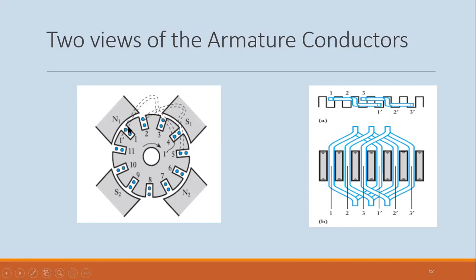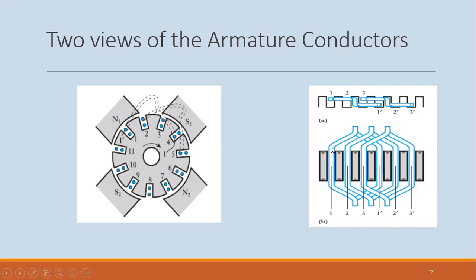It's the outer conductor in slot number 1. And you can see the dotted line that the conductor is tracing, and it completes its journey in slot number 4, but it's the inner conductor in slot number 4, and then it will be joined back again with conductor 1.